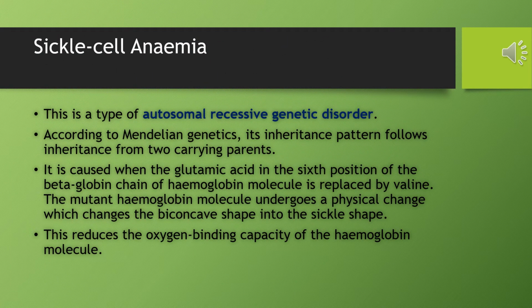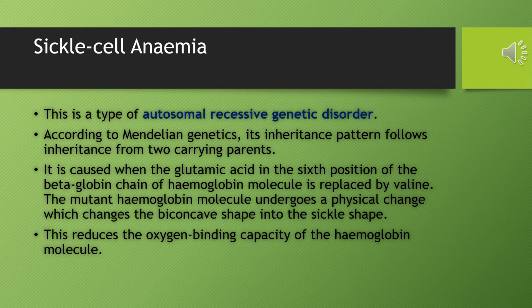Sickle cell anemia. This is a type of autosomal recessive genetic disorder. According to Mendelian genetics, its inheritance pattern follows inheritance from two carrying parents. It is caused when the glutamic acid in the sixth position of the beta globin chain of hemoglobin molecule is replaced by valine.